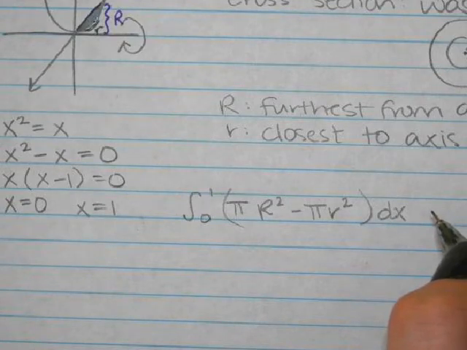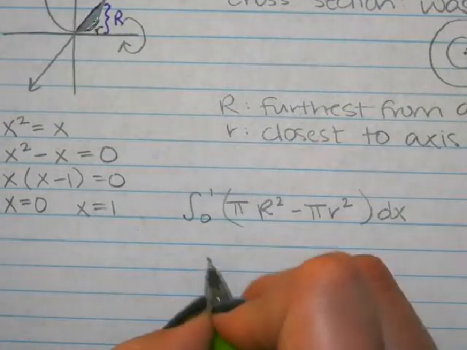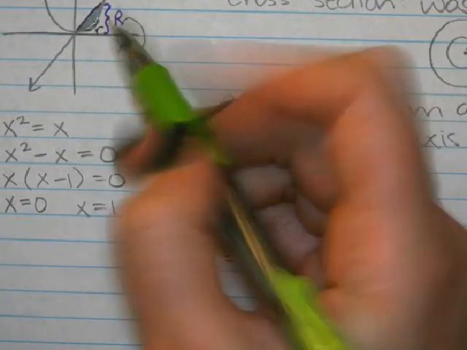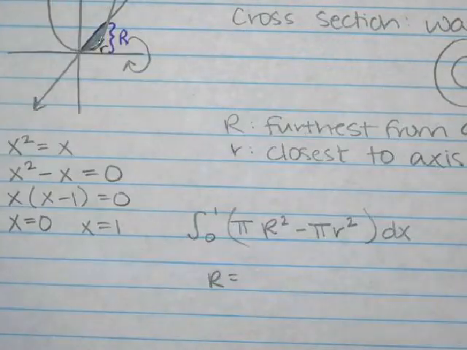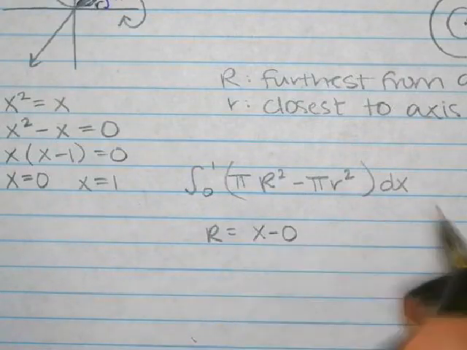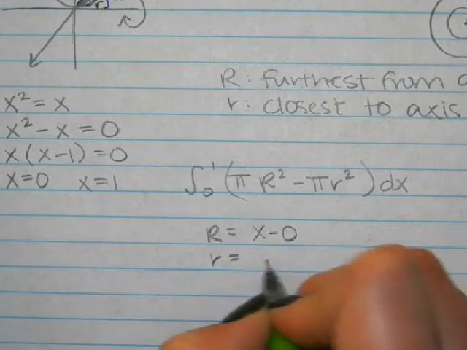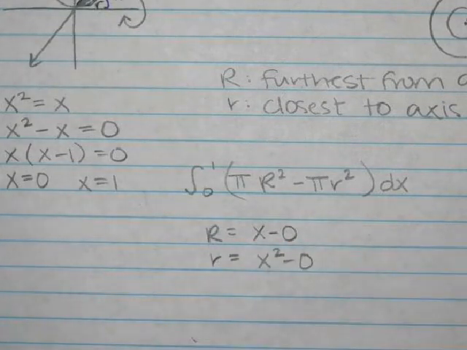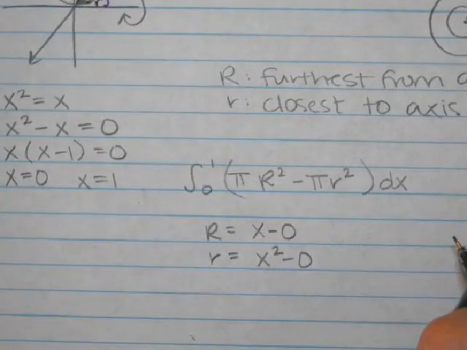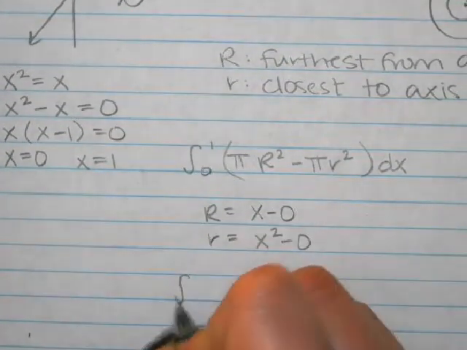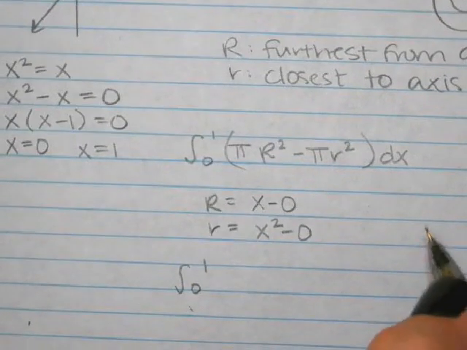But if we were rotating it around a different horizontal line, then maybe we would have the curve minus 1, or the curve minus 2, or maybe we would have the axis minus the curve, which is kind of like we did on number 6, I think. Okay, so big R in this case would be that top curve, which was the straight line. So it would be x minus 0. Little r would be x squared minus 0. So the integral that we're working with is from 0 to 1.